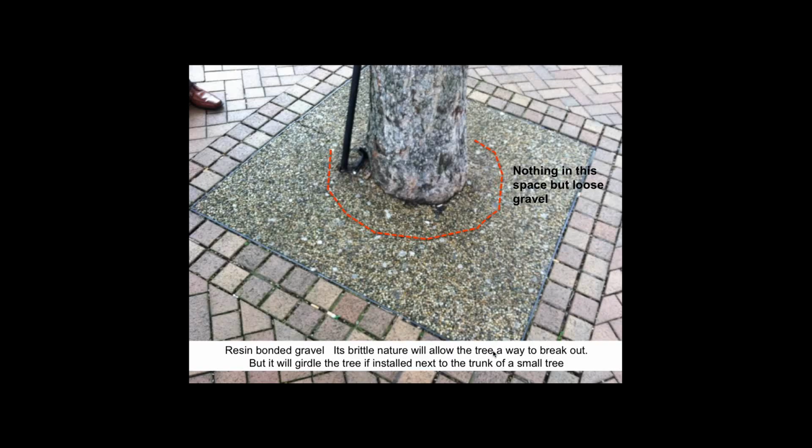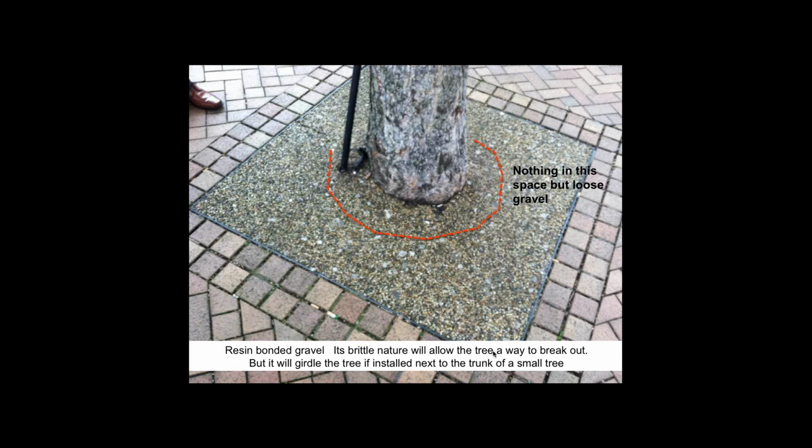There's also the resin-bound gravel material, which originally the manufacturers said should be held away from the trunk of the tree. I'm now seeing more and more the material put right up to the face of the tree. And I believe that we need to have a space around that tree to essentially let it mature, let it begin to develop the trunk flare.